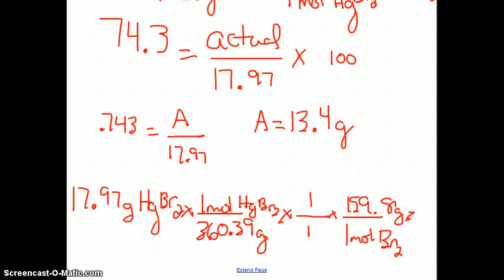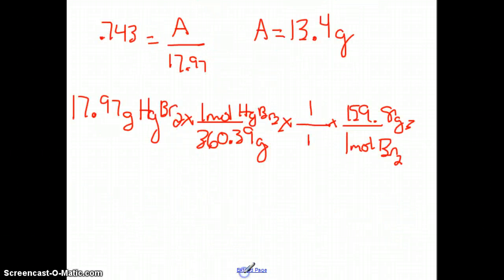That shows how much bromine we would actually use. We multiply all that out, and I got 7.968 grams were used.